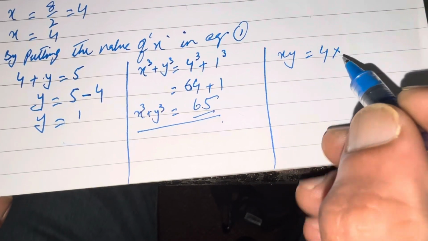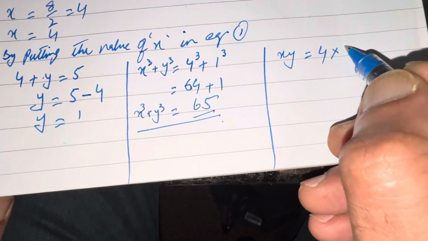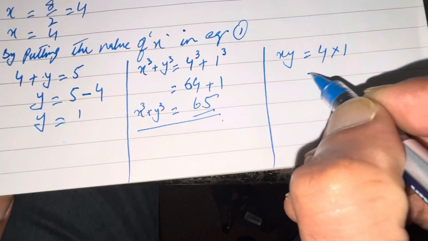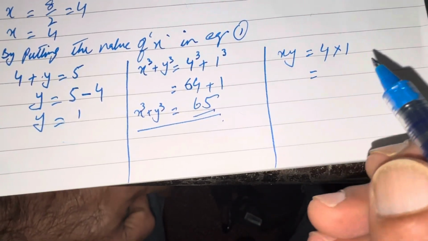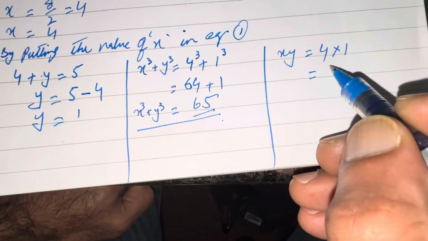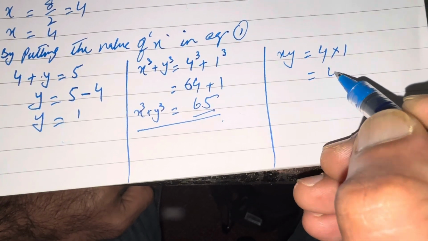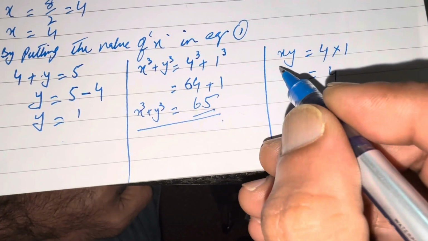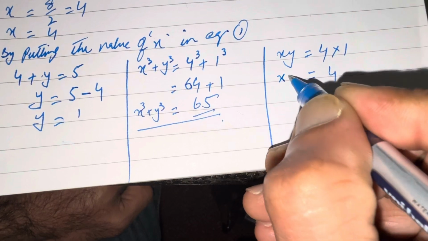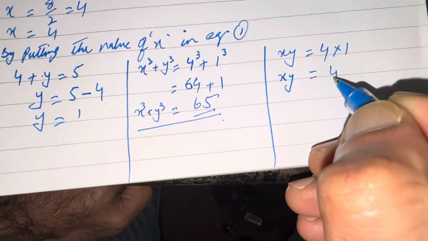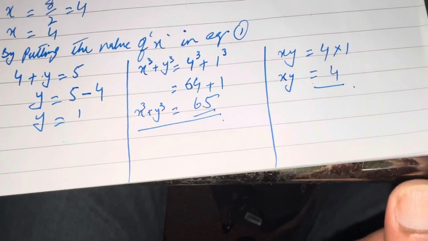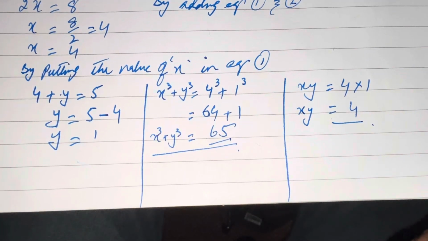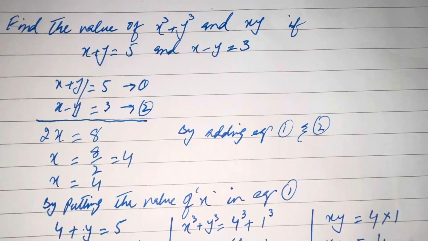We are going to put the value of y over here as the number 1. So 4 multiplied by 1 will be equal to 4. So the value of xy is equal to 4. So that's the way that we can find the values of the given expressions.